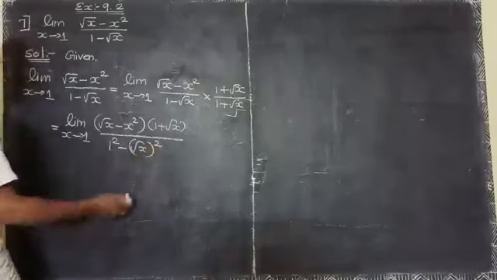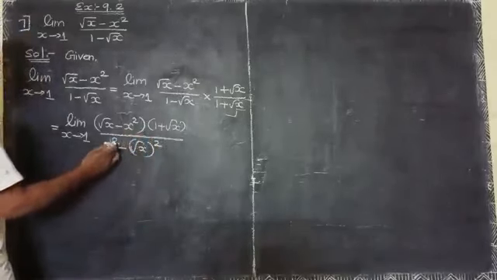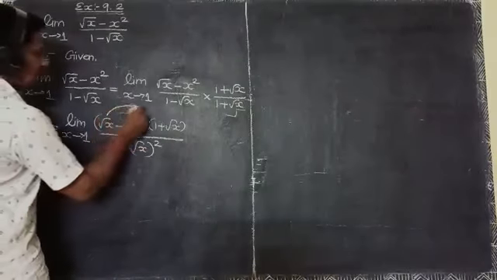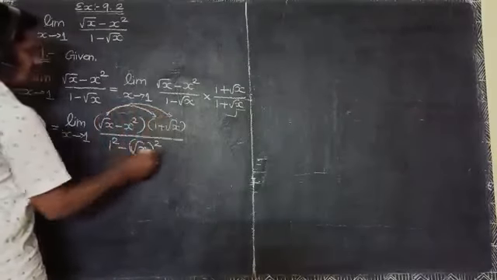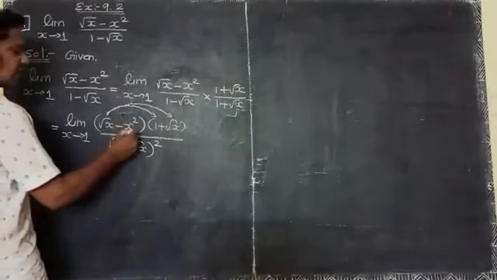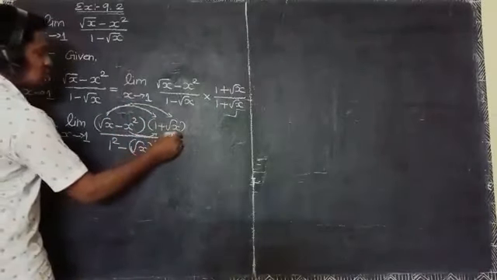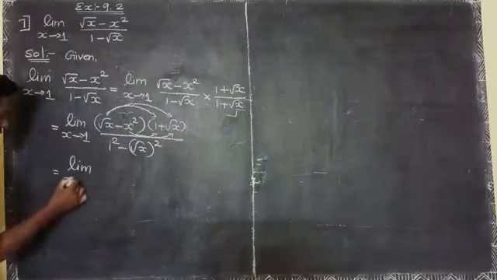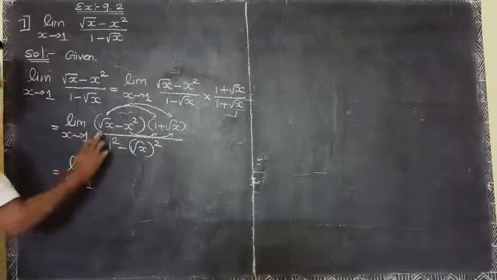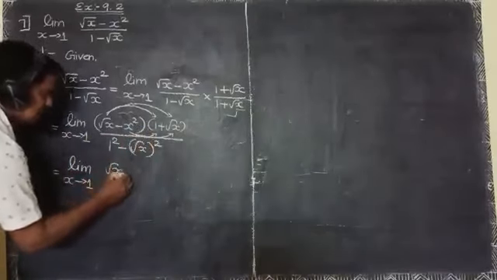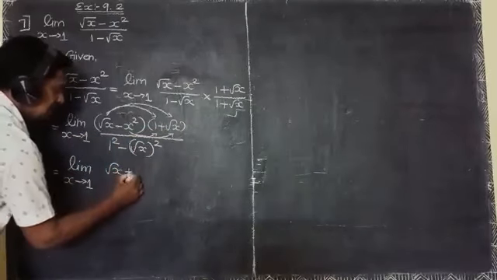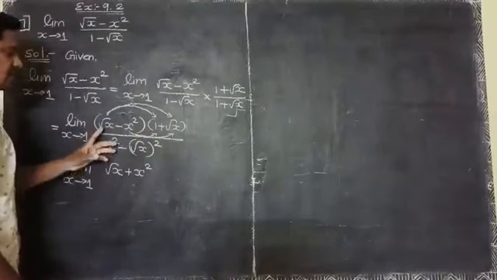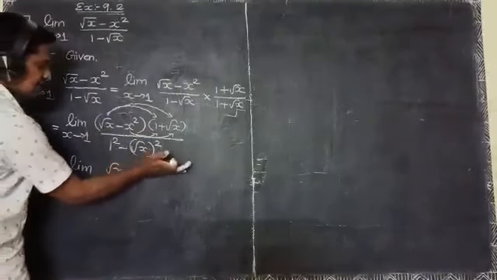Here the square root is cancelled, and finally we get 1 minus x. Then the numerator root x is multiplied by the factor 1 plus root x, and minus x square is also multiplied by the factor 1 plus root x. In the numerator, root x into 1 is root x, root x into root x is x.